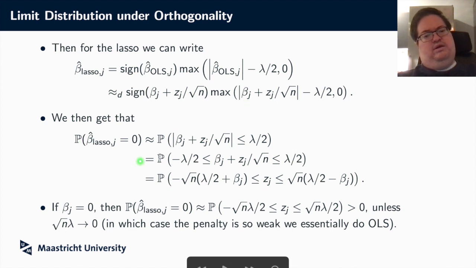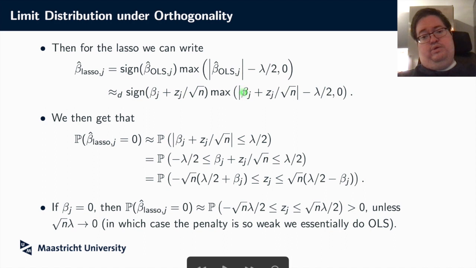And what I want to calculate now is the probability that my estimator is going to be equal to 0. That will tell me something about this thing which I said was happening in the limit distribution. So if my estimator is to be set equal to 0, that means that this maximum here should occur not on this point, but it should occur at 0.